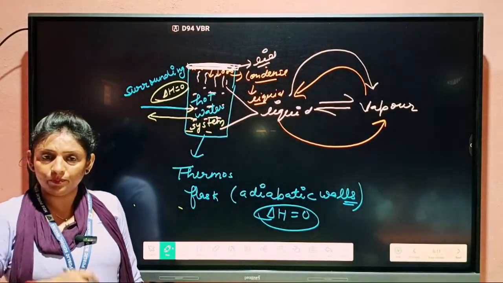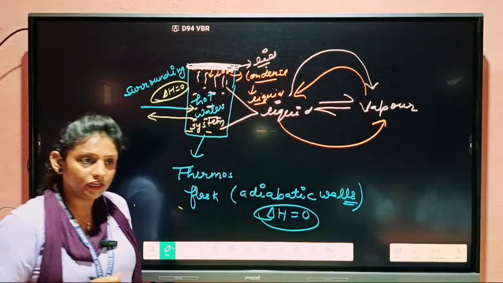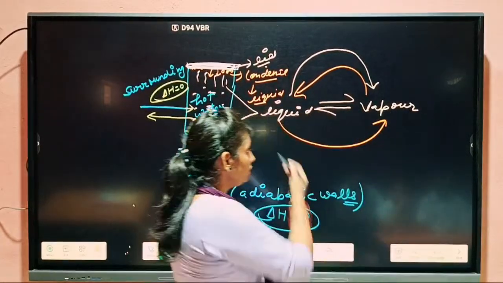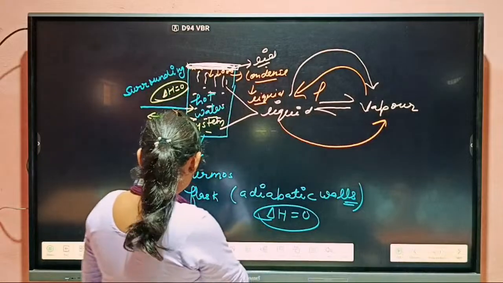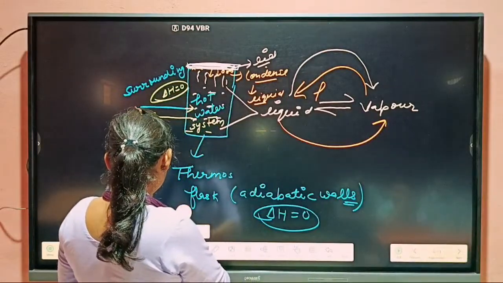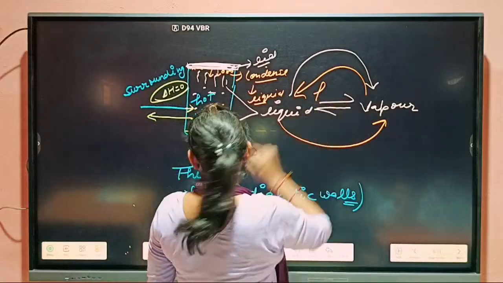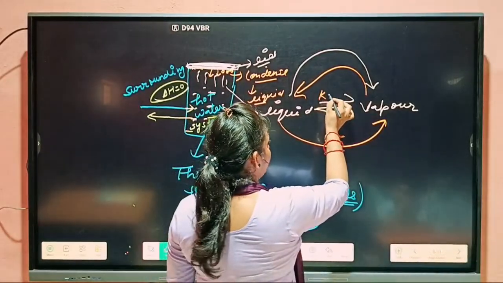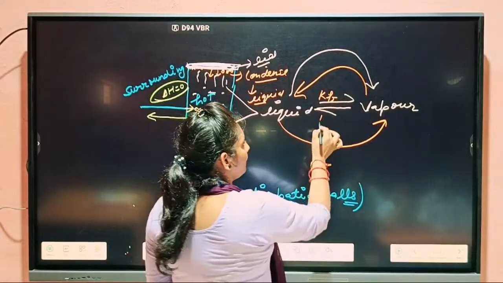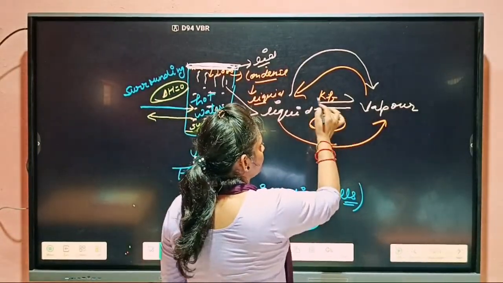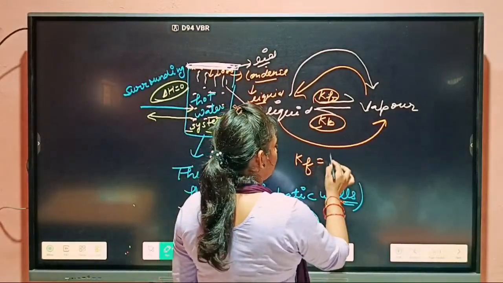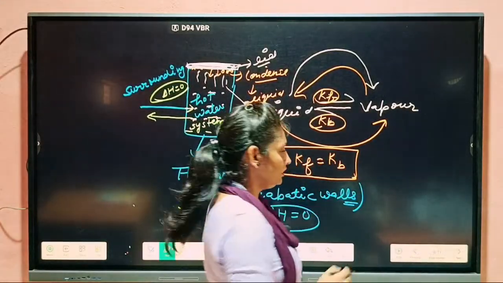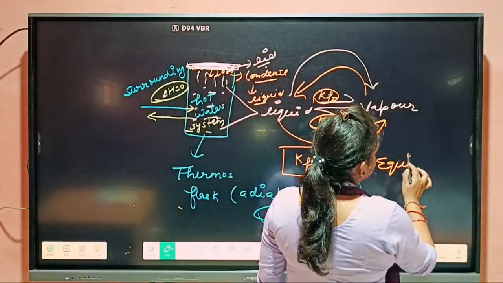Clear or not? If both processes are going with the same rate, liquid to vapor in the forward direction and vapor to liquid in the backward direction, if in both directions it is proceeding to the same extent, then it is known as equilibrium.